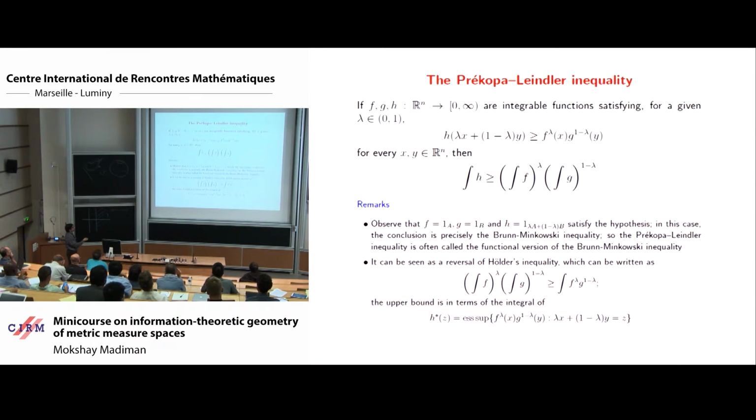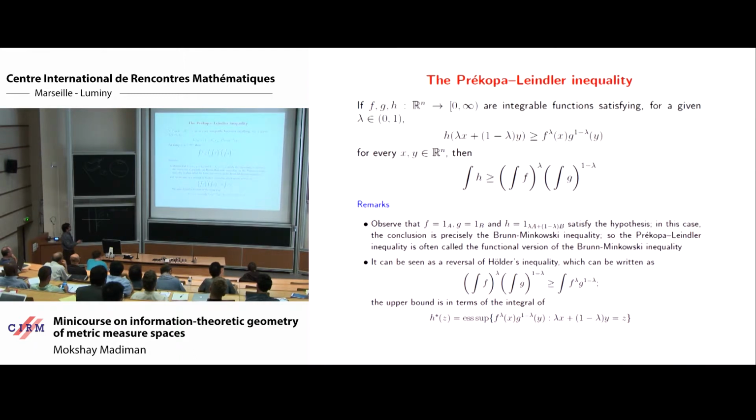If it is 0, then the inequality is always true, because h takes only value 0 and 1. So when is the right-hand side 1? It's 1 only if both f and g are 1. But if both f and g are 1, then x is in A and y is in B. But if x is in A and y is in B, then lambda x plus 1 minus lambda y is in lambda A plus 1 minus lambda B, which means h is also 1. So the hypothesis is satisfied for this trio of functions.